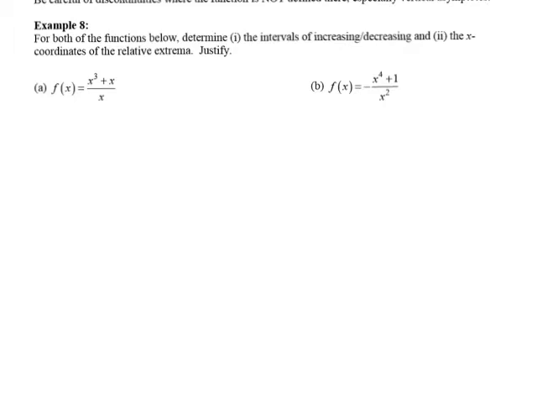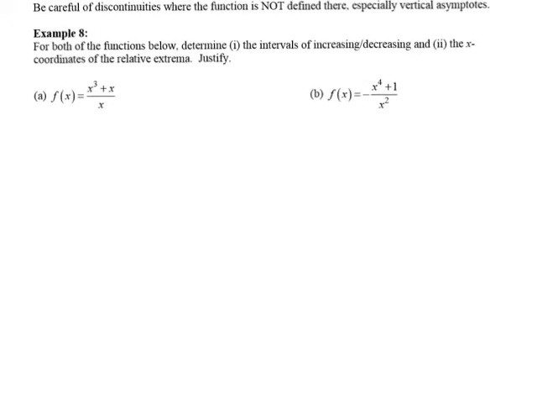What we find here is that on part A we have no critical values because there's no spot where the derivative is equal to 0 and the function exists. But we do have a discontinuity at x equals 0.